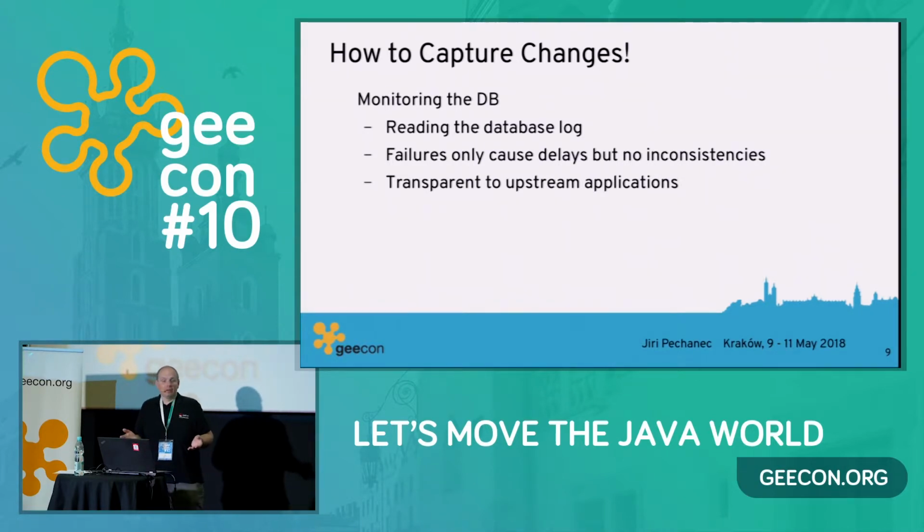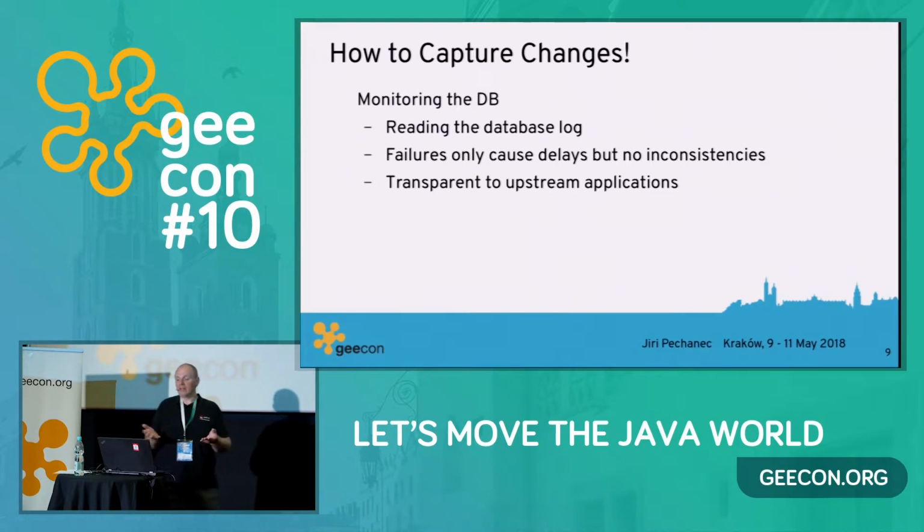What if there is a failure? It's not a problem. If a database is not available for a few hours, or if the streaming system is not available for a few hours, it will just cause a delay for streaming the data, but there will be no inconsistencies, because as soon as the streaming system is up or the database is up, the database log is read and all the changes are streamed down to the system, so it can be consistently processed.